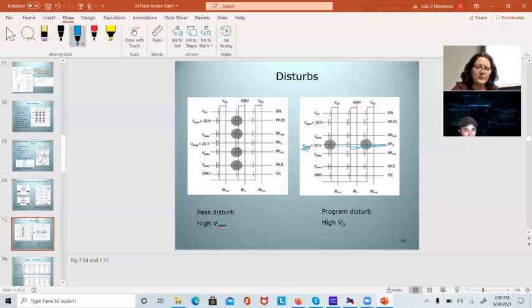Read disturbs are going to happen along the NAND string direction, because I'm putting high voltages on the gates to turn these on. So I'm putting 20 volts on the one I'm programming. The other ones are at 10 volts. There are still some electrons that are going to be hot enough at 10 volts to go into the oxide, the floating gate, which is an oxide.